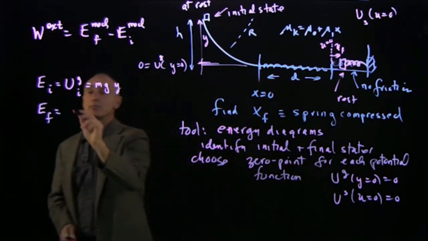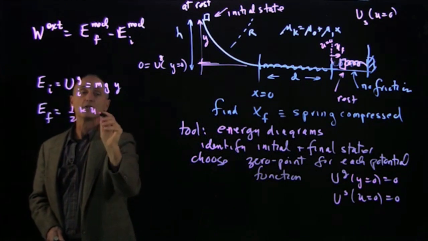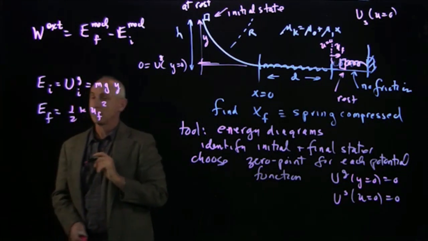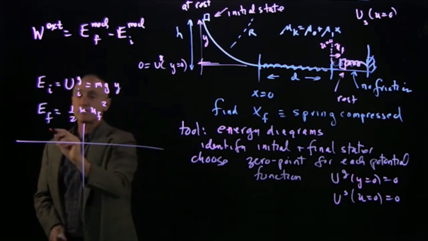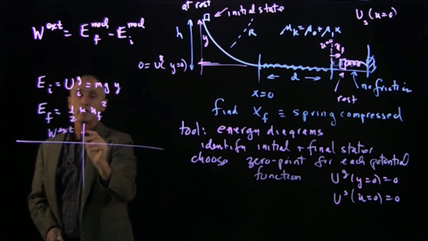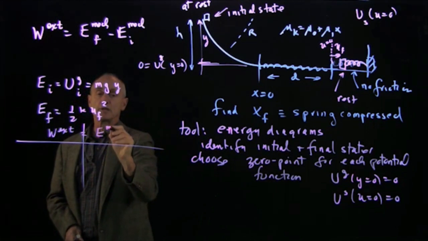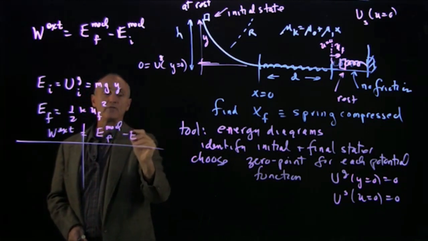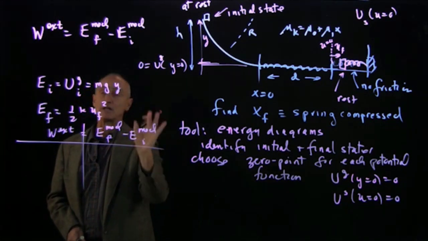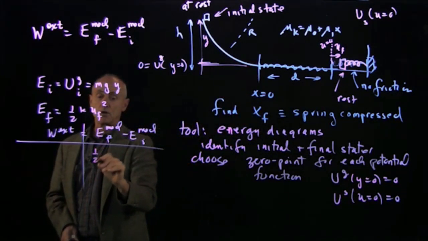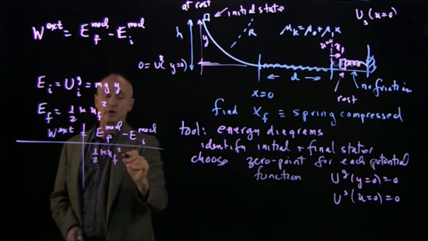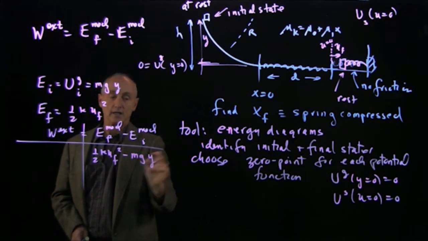But our spring has been compressed, giving 1/2 k u final squared. Now, in terms of our external work equals the change in mechanical energy, we have now identified the right-hand side using these tools of the energy diagrams, and I can write 1/2 k u final squared minus mgy.